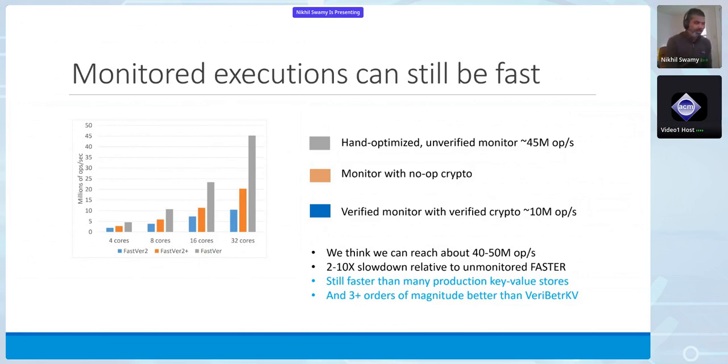And then for the rest of it, we're still trying to figure out how we can get this thing to go as fast as 50 million ops per second. But we think that's achievable. So the takeaway from this is that monitored executions can actually be fast enough to produce key value stores with end-to-end guarantees at a speed that's faster than existing unverified key value stores.